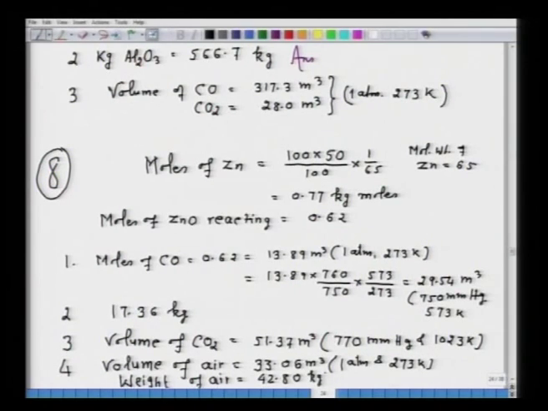So, with the solution of both these problems, the lecture on stoichiometry ends.